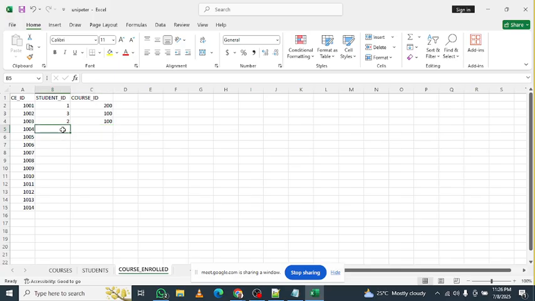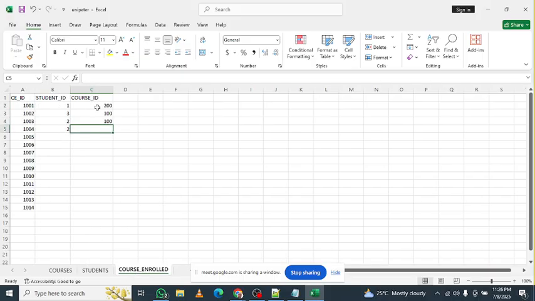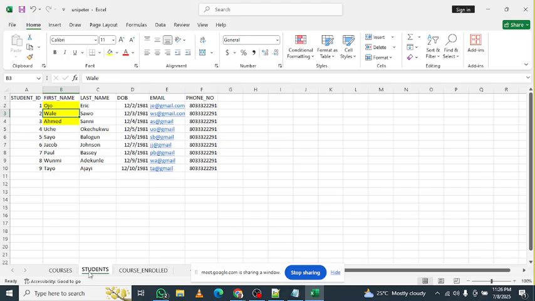Then after that, the same Wale also registers again for another course, economics, which is 300. This is what second normal form is all about. And the same one, Ojo is ID 1.